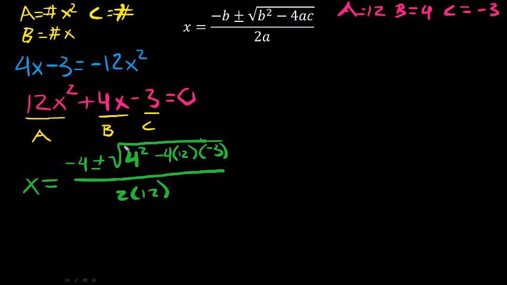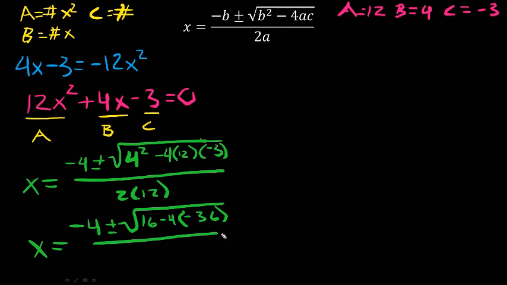We need to solve and condense this. So x is equal to -4 plus or minus the square root of 4 squared, which is 16, minus 4 times 12 times -3, which is -36, all over 2 times 12, which is 24.